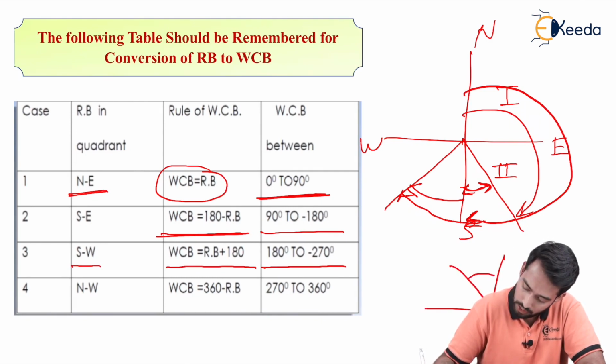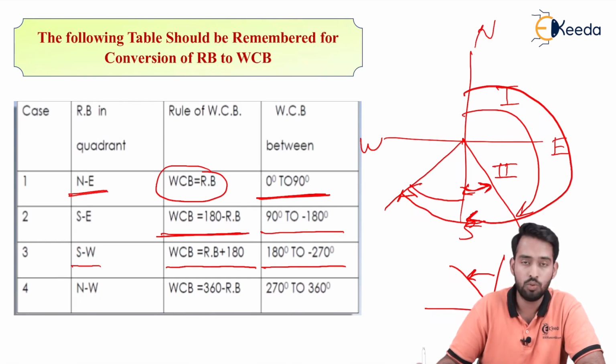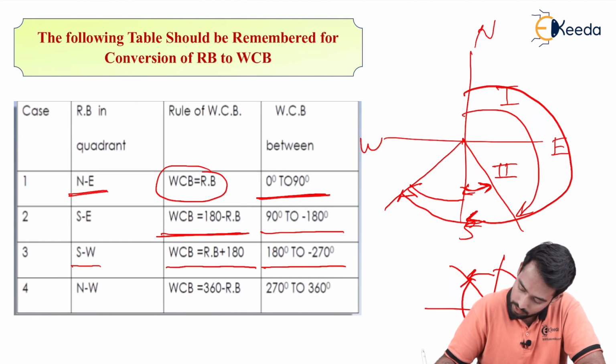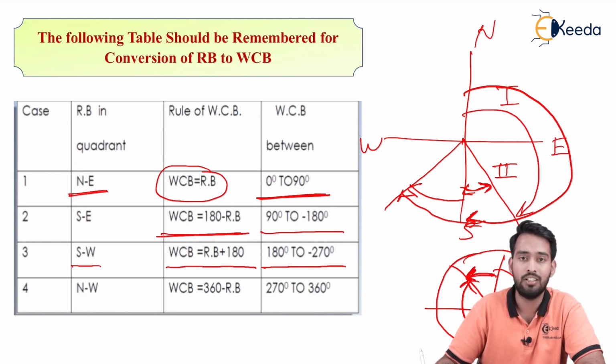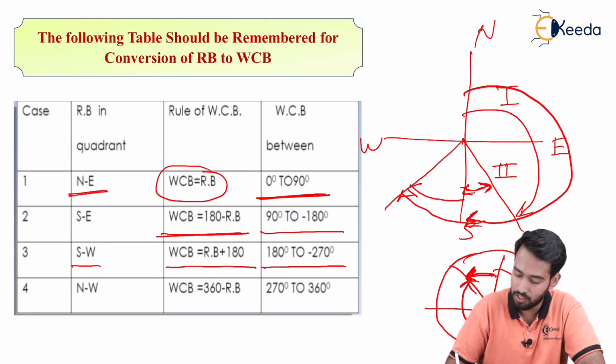Moving on to the last portion, the fourth quadrant. In the fourth quadrant we calculate the angle with respect to north. Now we have to find this angle WCB. How will you find out? Total is 360 subtracted by your RB, which will give your remaining angle, which is nothing but your WCB.